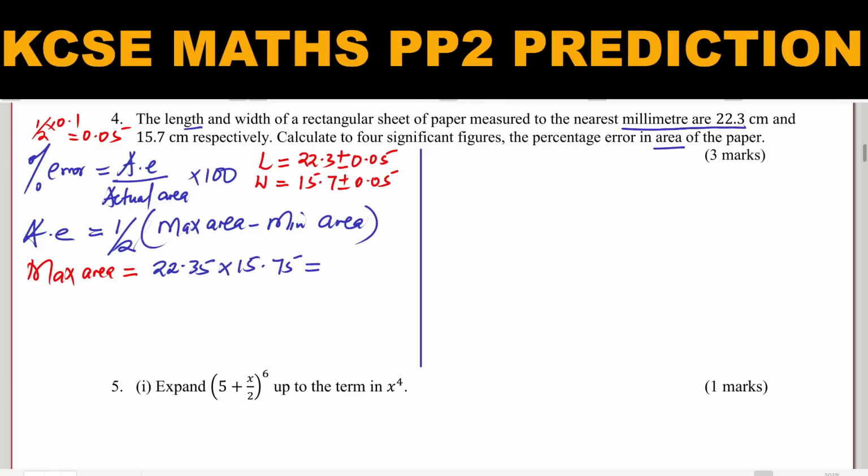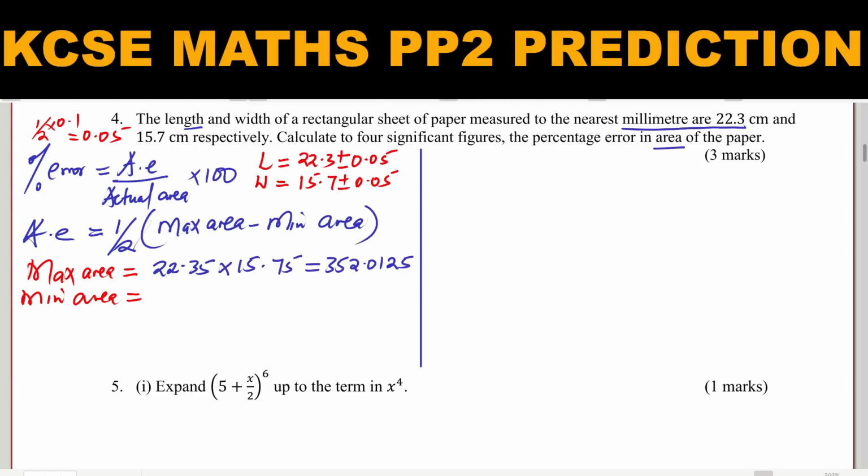So that is what we need to multiply. When you multiply that, you will get 352.0125 centimeters squared. Then we get the minimum. The minimum area will be given by using the minimum for each of these measurements.